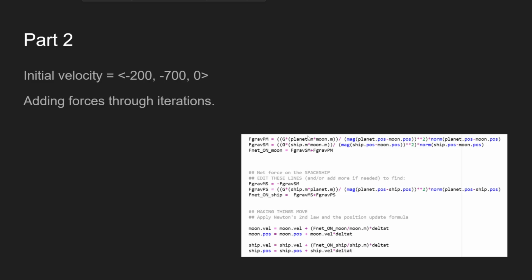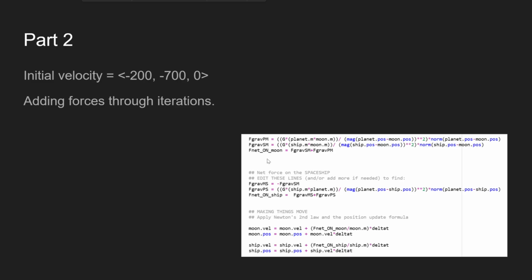All being multiplied by G, the masses divided by the difference of how far away they are squared, times, and this is what's really important, times the position of the moon compared to the position of the object in question. And that would give you these two different forces. You can just add them together.